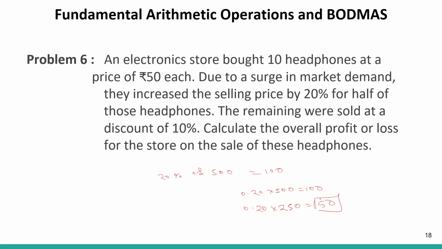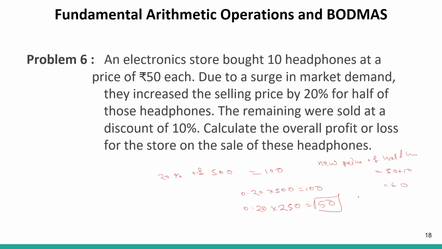So with 50, the new price of half the headphones is equal to 50 plus 10, because for 5 if it is 50, then for 1 it is 10, so it will be 60.